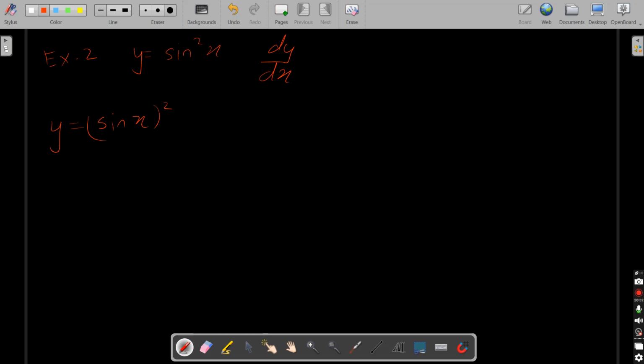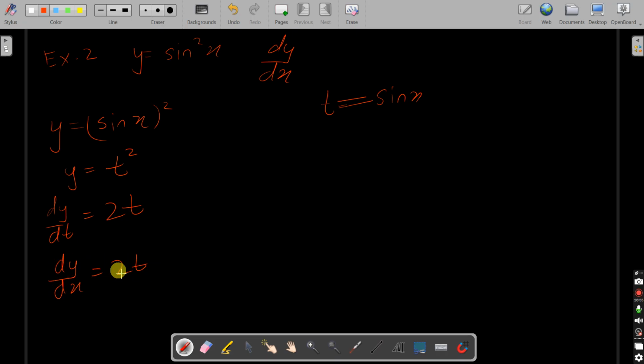So substitute sin x as t. t is equal to sin x. So y becomes t square. So dy by dt becomes 2t. But we want dy by dx. dy by dx will be 2t, which is dy by dt, multiplied by dt by dx.